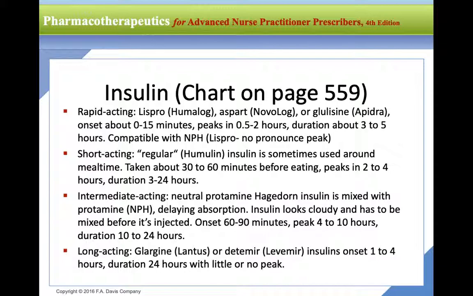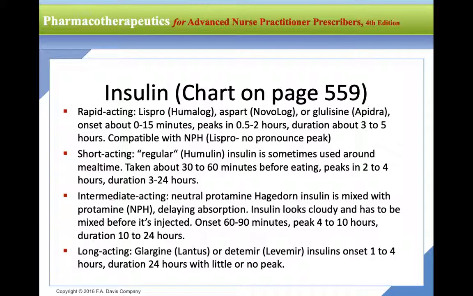You're also going to have short-acting insulins, which last a little bit longer. Those are given 30 to 60 minutes before a meal, and they peak within 2 to 4 hours. So it's a little bit longer acting than your rapid acting.